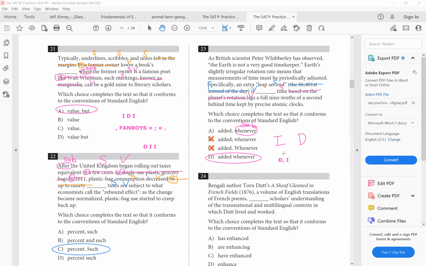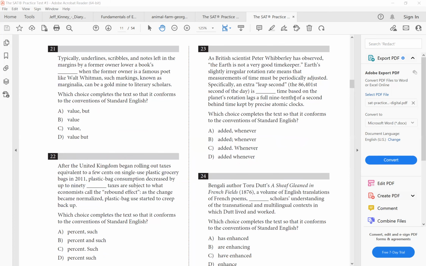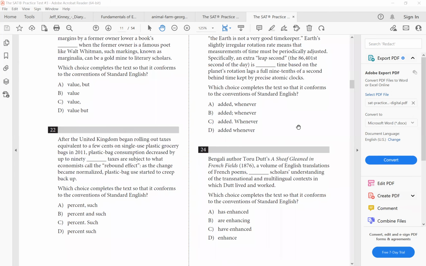So D would be our answer. So far, so good? Yes. All right. I got this one wrong, but I got the others correct. Very good. I wrote C. Oh, okay. Yeah, just remember whenever is a subordinator, a subordinating conjunction, like because, before, after, since. It makes a clause dependent, so it is not a complete sentence on its own.